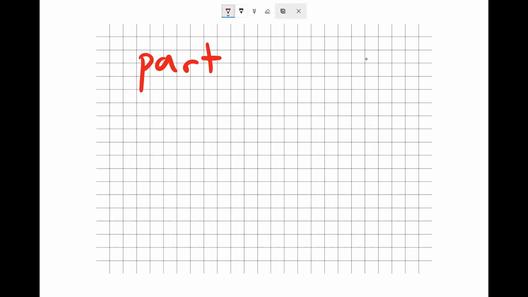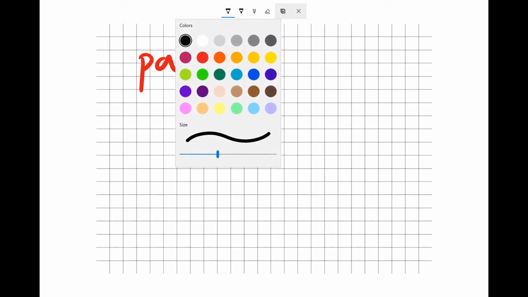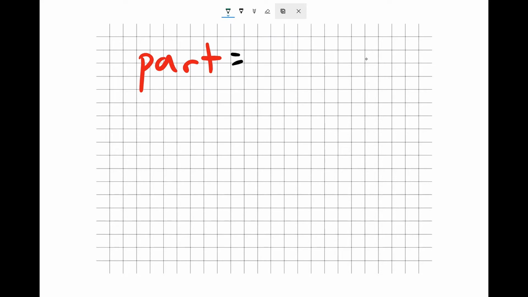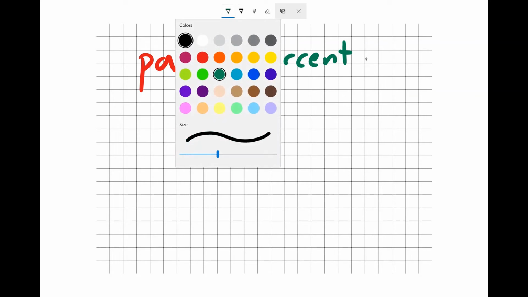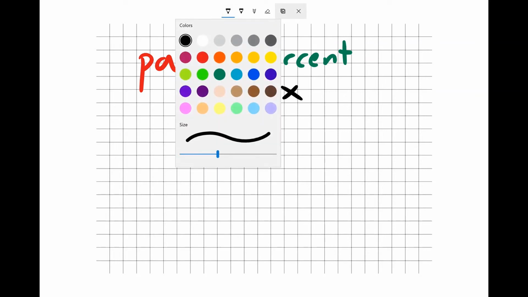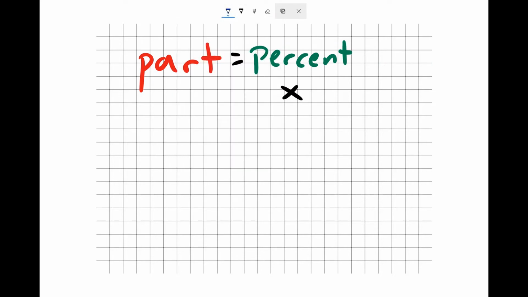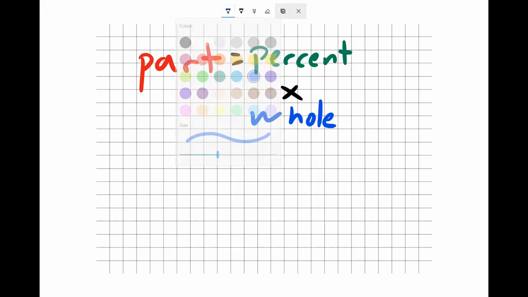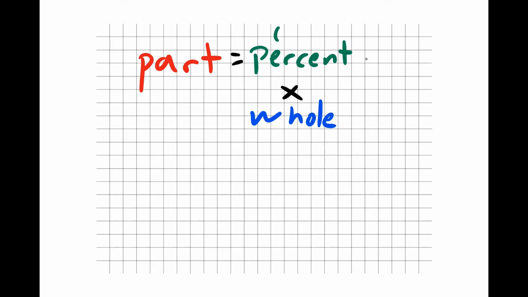Part equals percent times whole. The percent, of course, being expressed as a decimal.